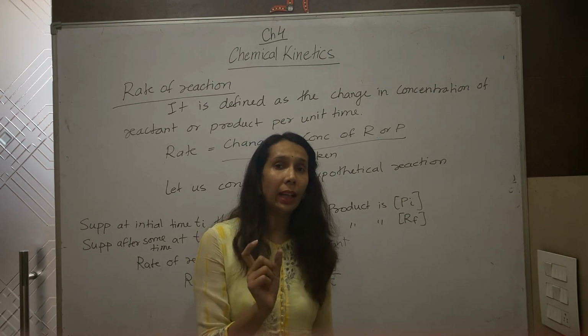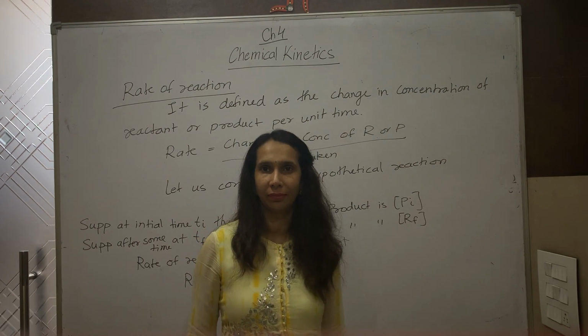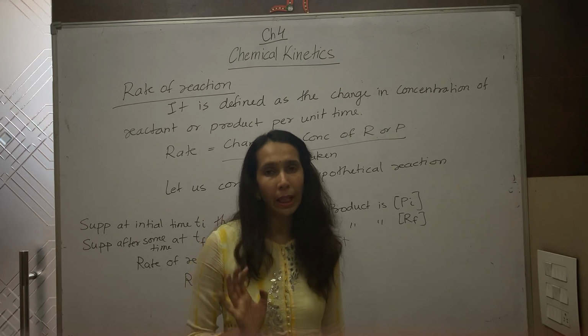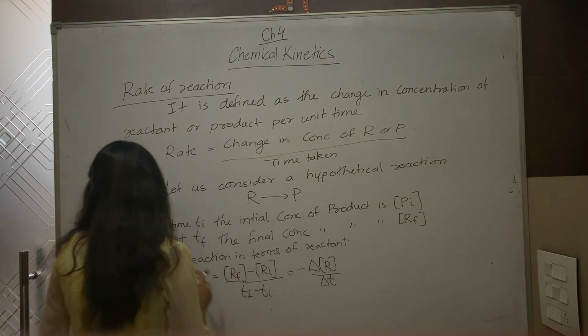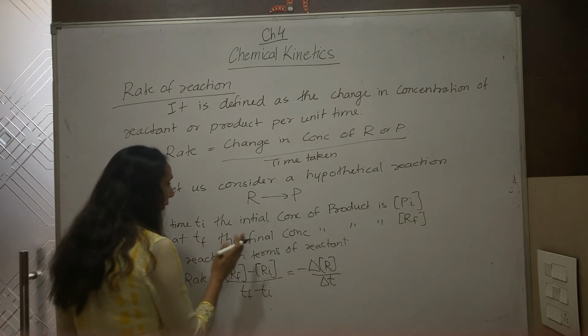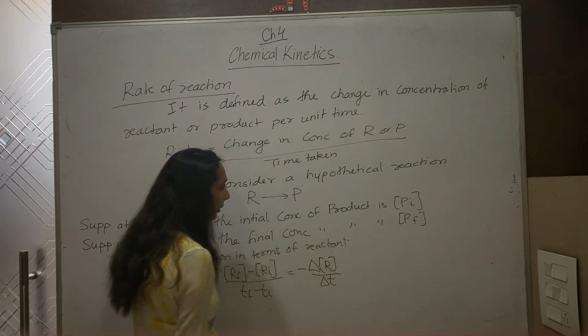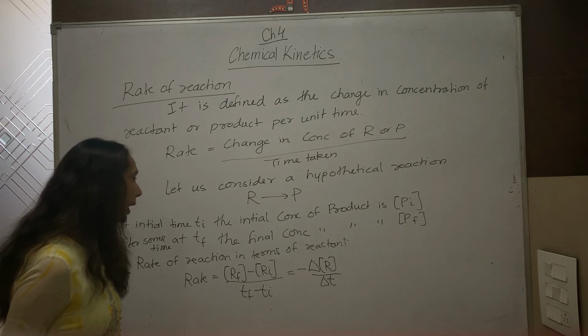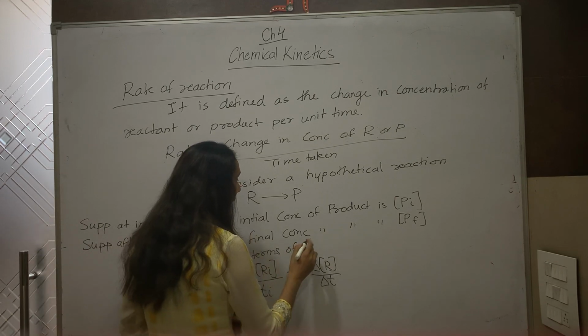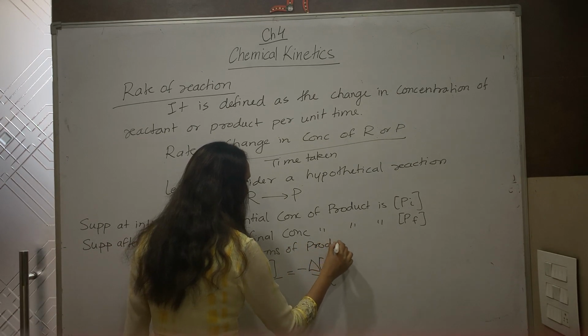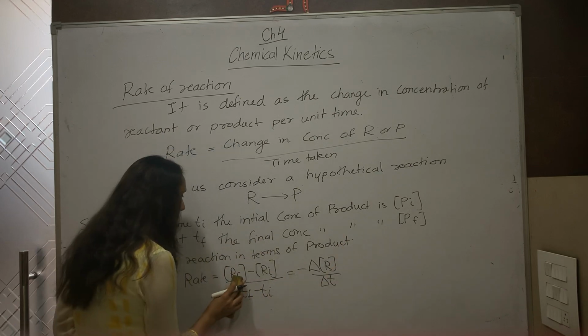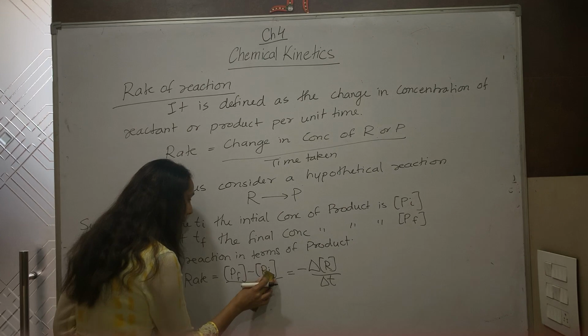So I can say that Pi is 0, but I give it a symbol Pi. Suppose after some time Tf, the final concentration of product is Pf. So the rate of reaction in terms of product is equal to Pf minus Pi.